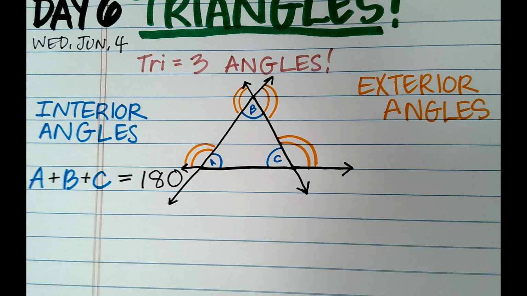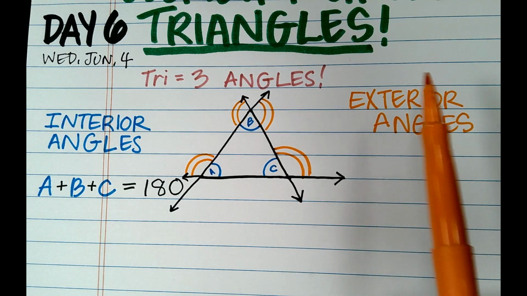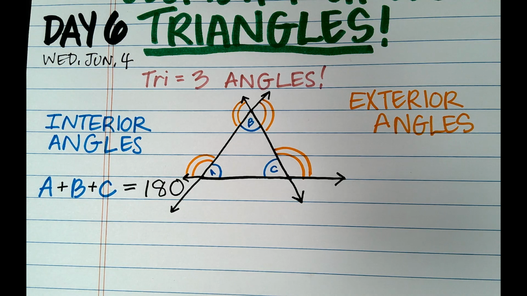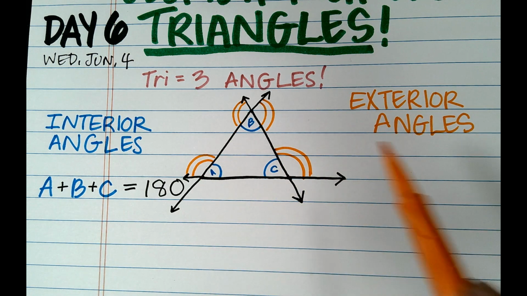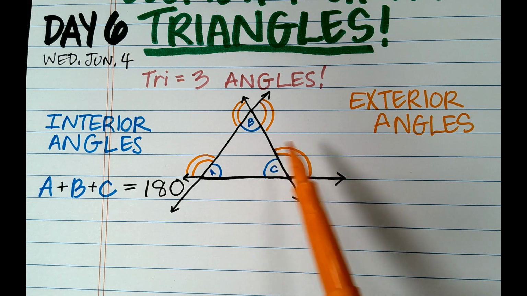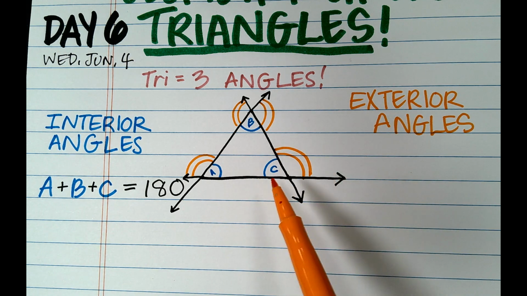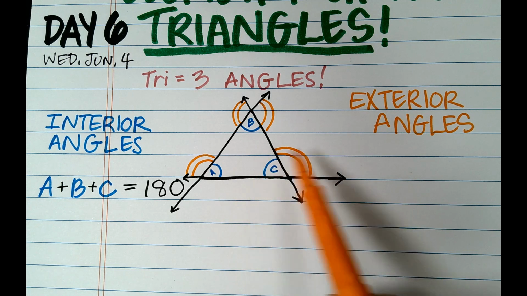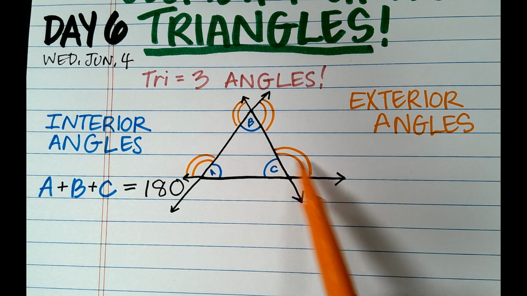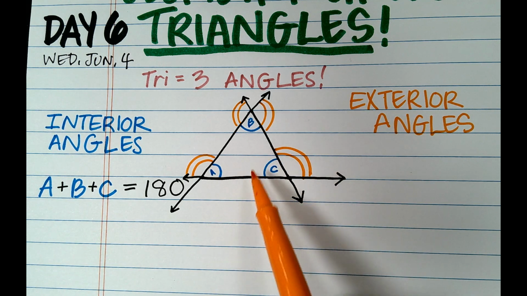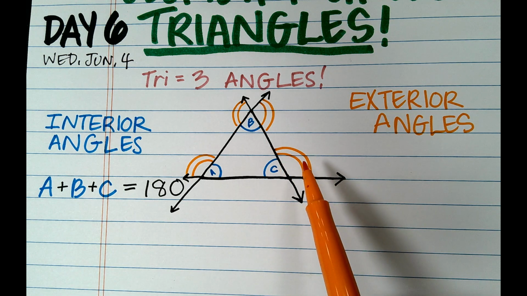And there's no real perfect formula for the sum of exterior angles that I am currently aware of, other than I know that if I take an exterior angle that is right next to, or adjacent to, an interior angle, when I add them together, what will I get? 180 degrees.